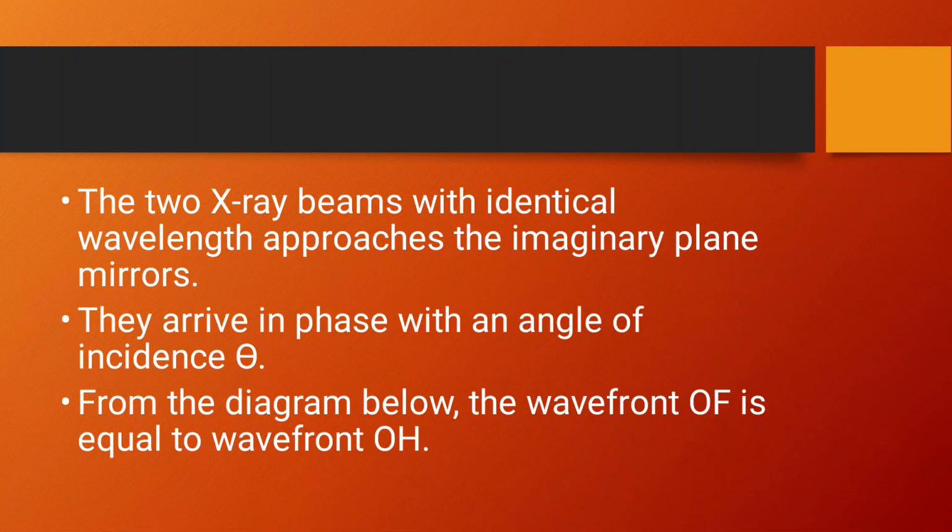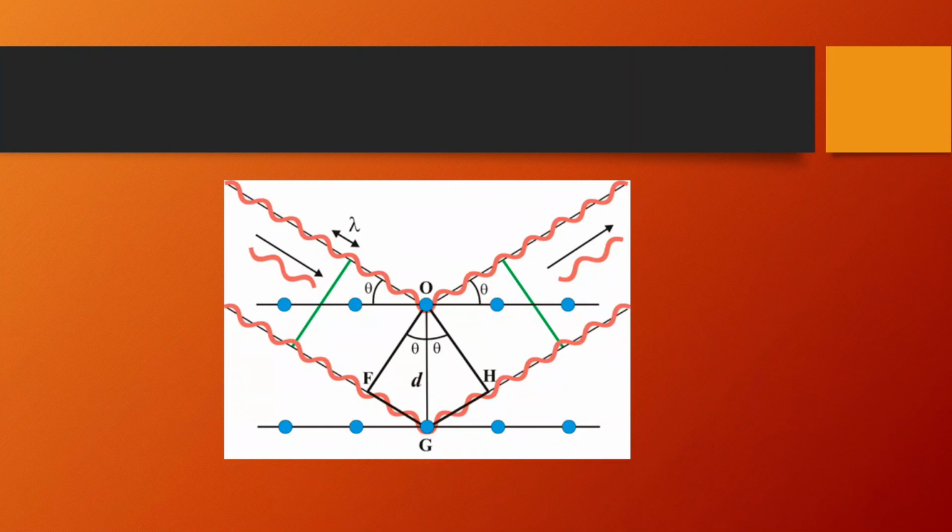From the diagram, the wavefront OF is equal to the wavefront OH. Here the X-ray beams are coming to these planes, and they are reflected after reaching the atoms in the planes. The distance of separation between the two planes is d, and we have the wavefronts OF and OH.